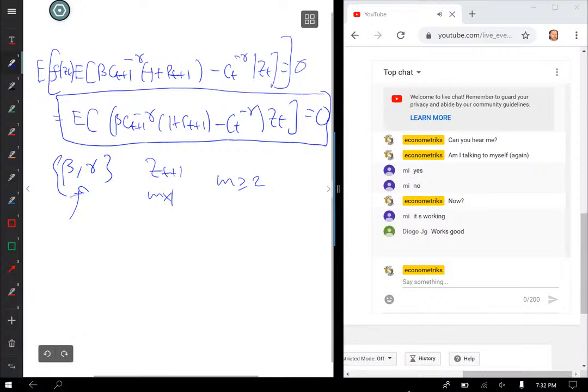In this case, it's not as straightforward to see how many solutions there are. There could be more than one solution, but it's hard to see because it's a nonlinear function of beta and gamma. Whatever the case, we've got a moment restriction, and we're saying that these model parameters satisfy this.